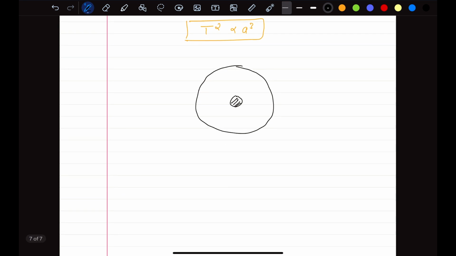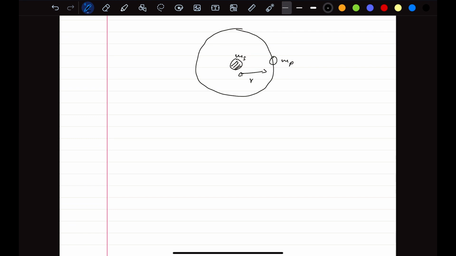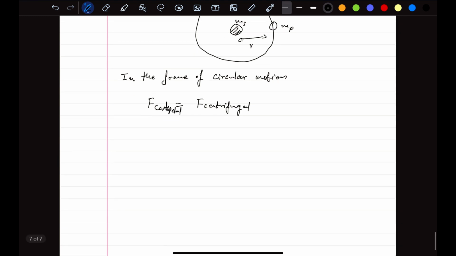So let's consider that the mass of the planet is mp, the mass of the sun is ms, and the distance between them is r. Because this planet is moving in a circular orbit, the centrifugal force will be equal to the centripetal force in the frame of circular motion. So F centripetal is equal to F centrifugal. Centripetal means a force acting toward the center, and that force is the gravitational force.